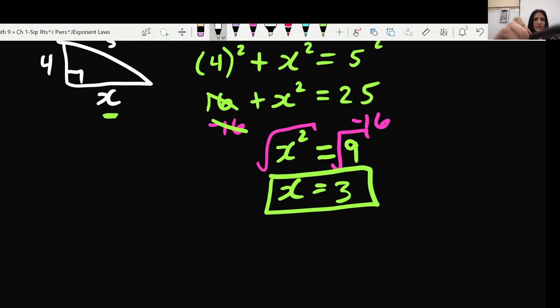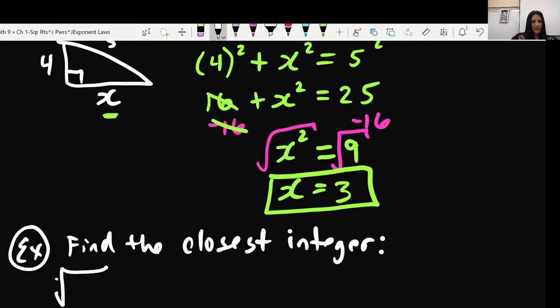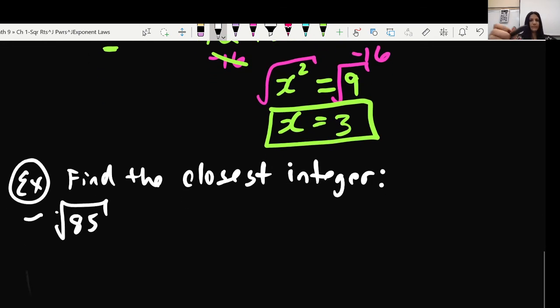Okay, so let's do another one. We want to find the closest integer, and we have the square root of negative 85.